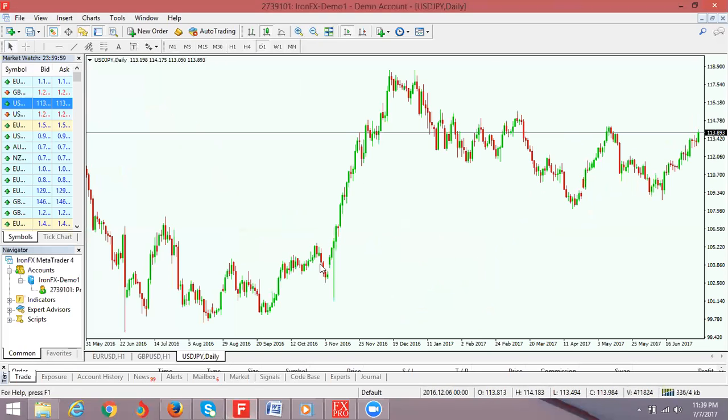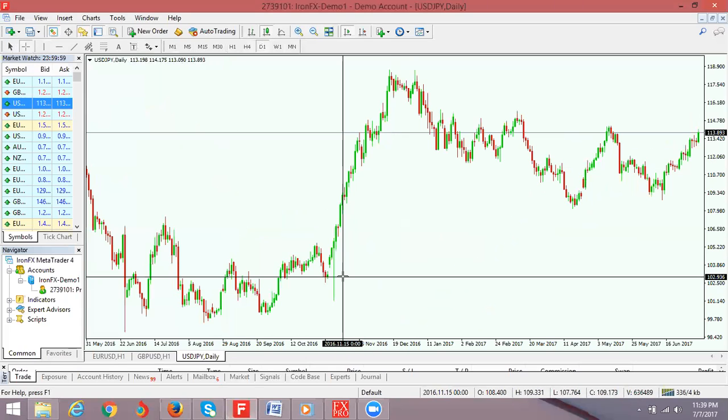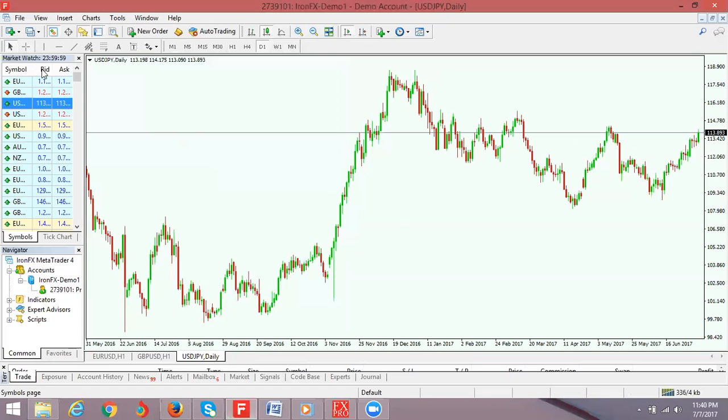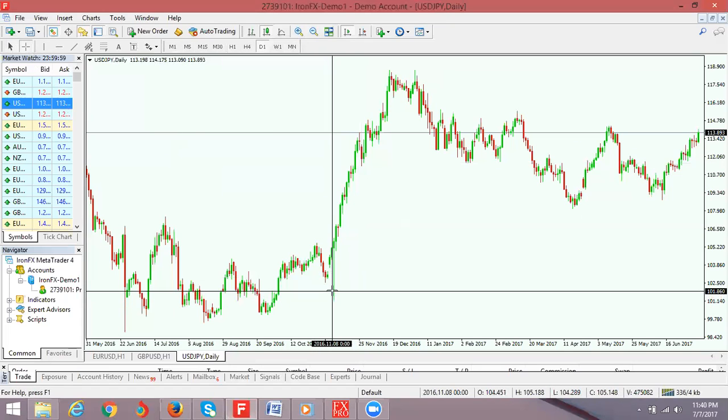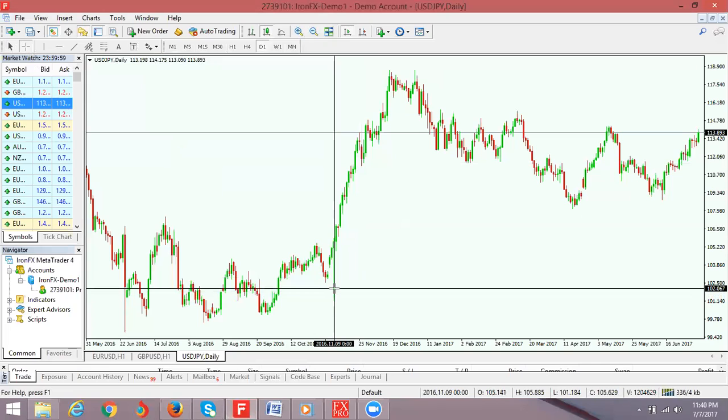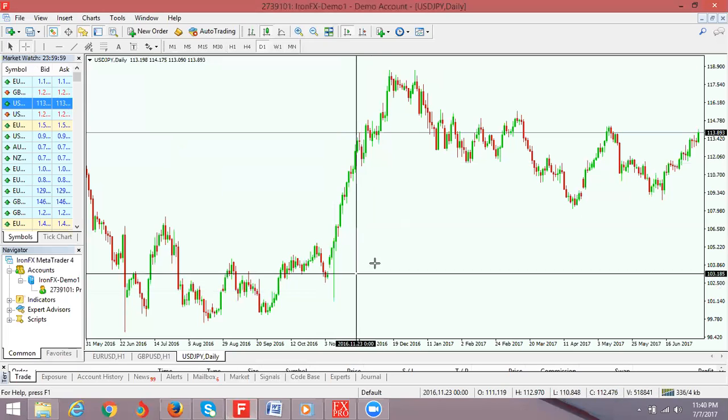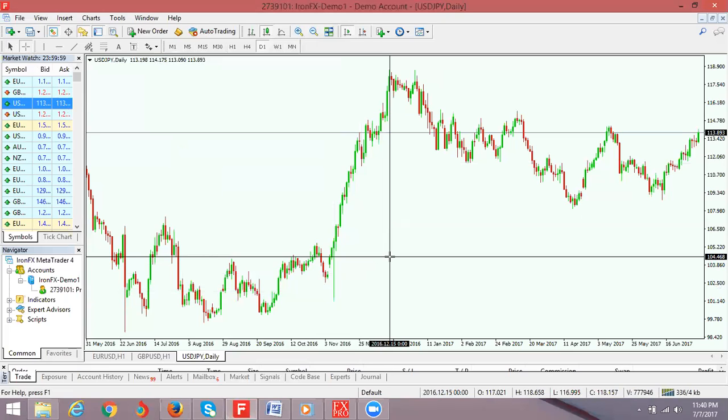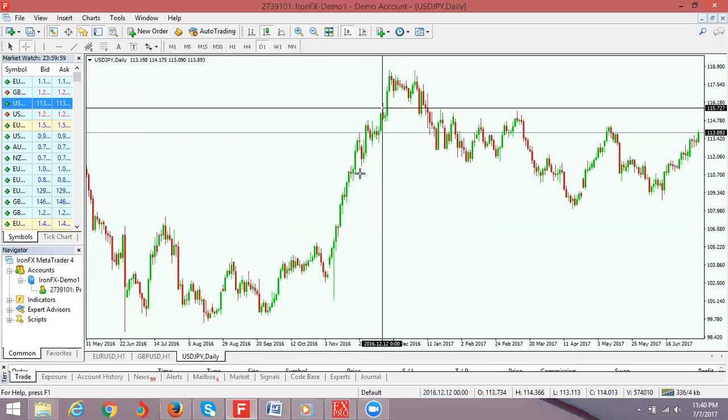So if you are trading on the daily, let's check the date. If let's say you were able to buy this around here, that is November 9th, and you were able to wait till it came here, that is 15th December. So it is about a month-long trade.